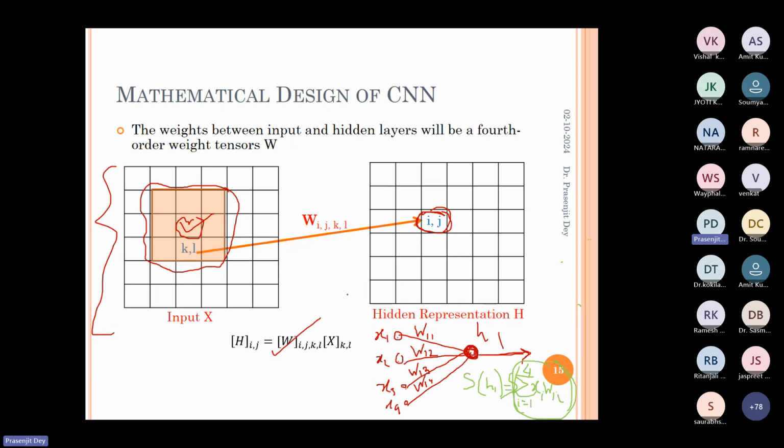Suppose you are doing a sum over of xi and the output of hi will be the sum over i from 1 to 4 of xi w1i, and if this sum is more than 0.5 or less than 0.5, based on that its output will either be 1 or 0.